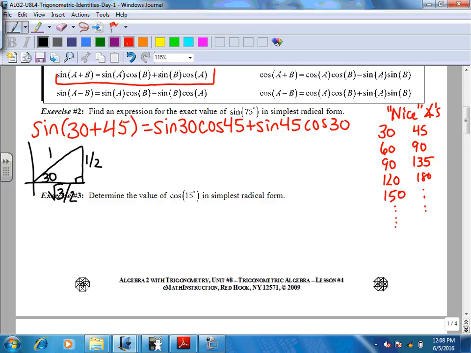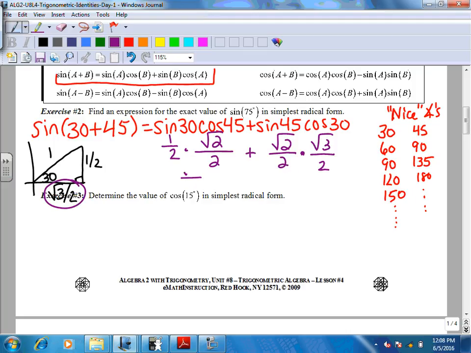So sine, which is your y value of 30 degrees, is positive 1/2. Cosine of 30 degrees, which is your x value, is square root of 3 over 2. Then you would do the same thing to find cosine 45 and sine 45. Both of those end up being square root of 2 over 2.